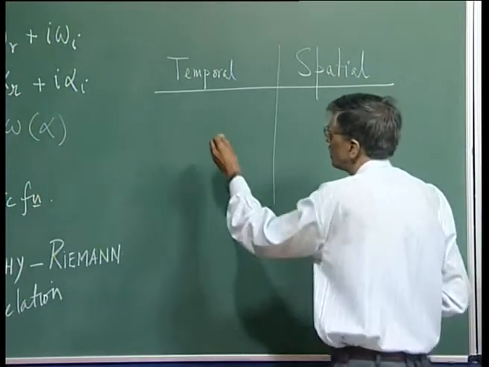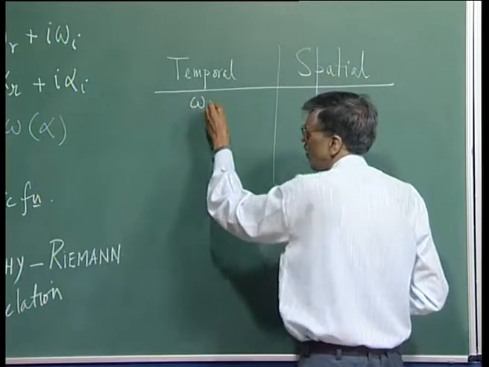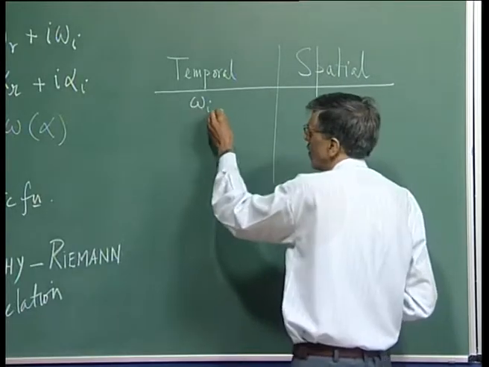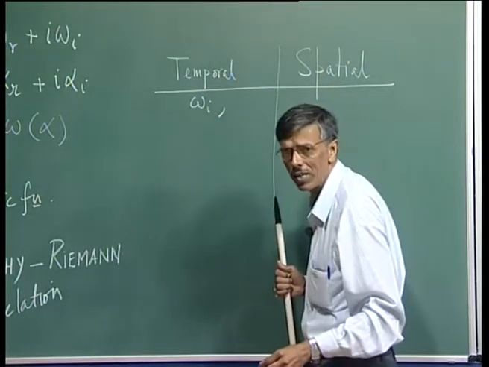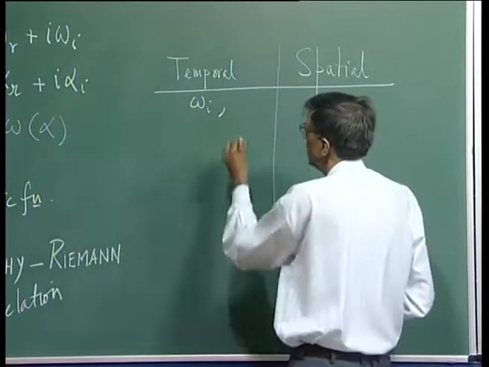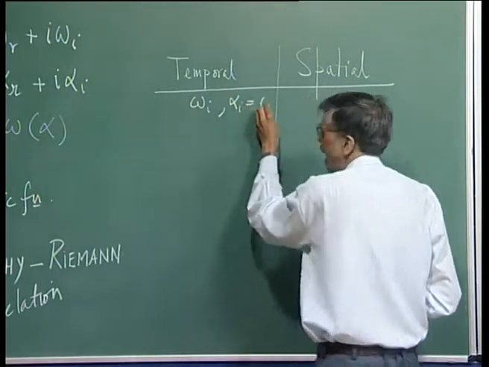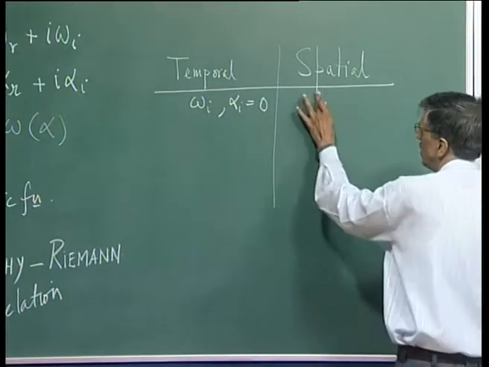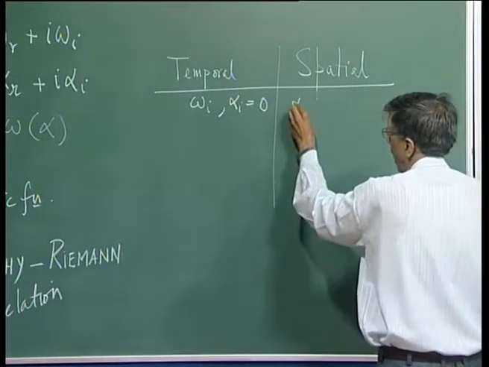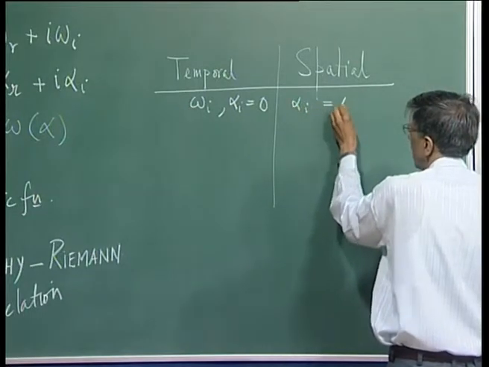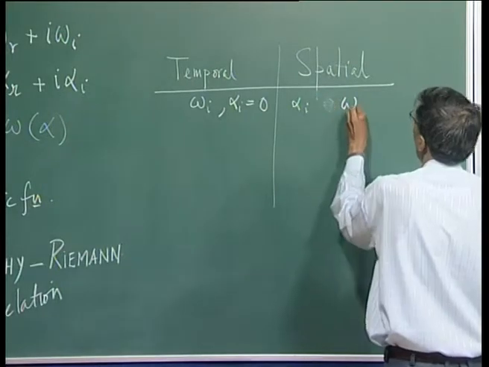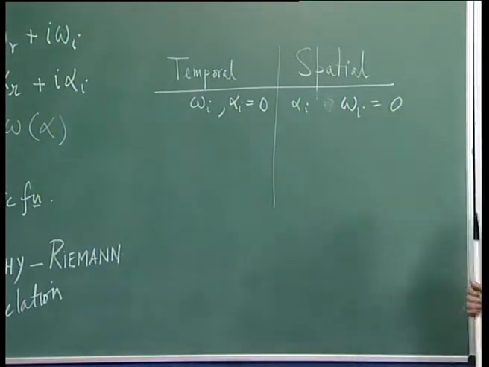We have omega I, right, and what about the corresponding spatial growth rate, temporal theory, that is 0. So, that is that, and if I adopt instead a spatial theory, then what happens? Then I have alpha I and the corresponding omega I should be equal to 0, right.